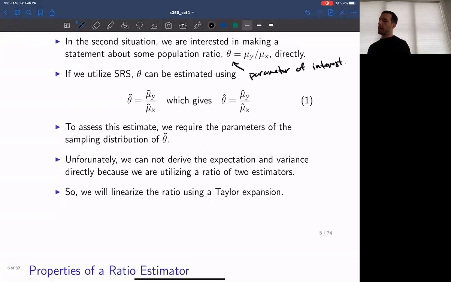Okay, so in this particular situation, we won't be able to use direct application of the expected value operator or the variance operator. Instead, what we're going to do is use a Taylor expansion about the values of interest. And then through that Taylor expansion, we can derive results for the expected value of the estimator and for the variance of the estimator of interest.